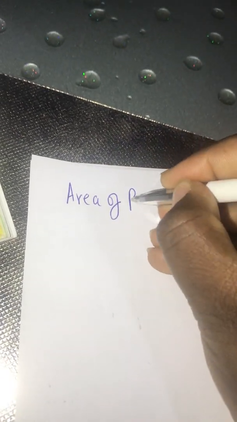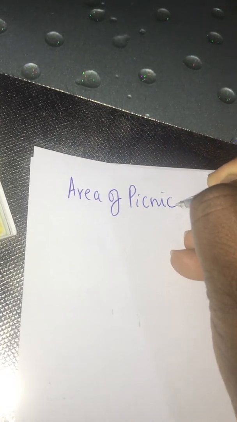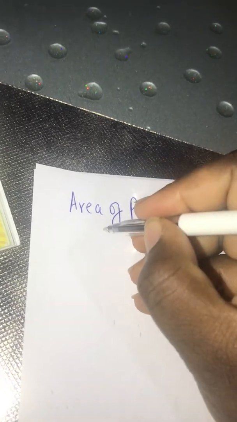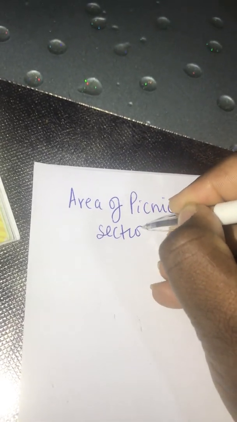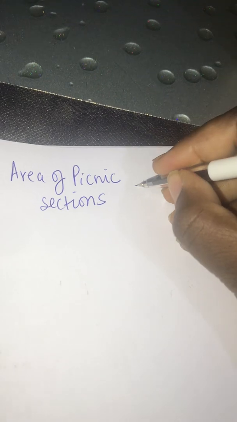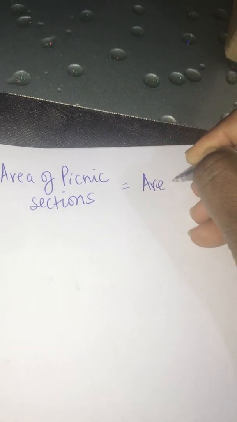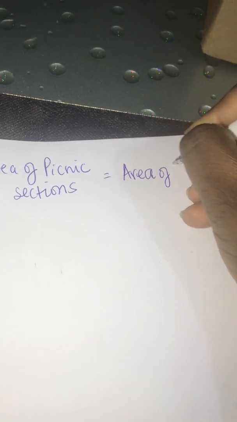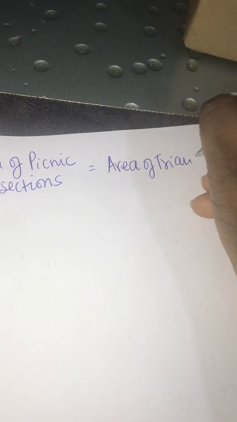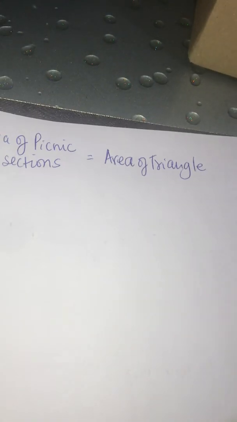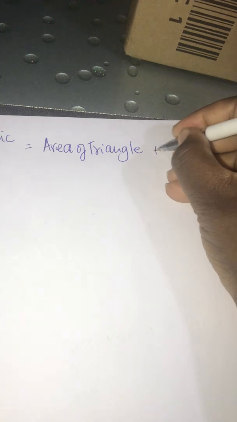Good. So, and you write it over here. Area of picnic sections. Okay. And the sections are made by area of triangle plus area of rectangle.